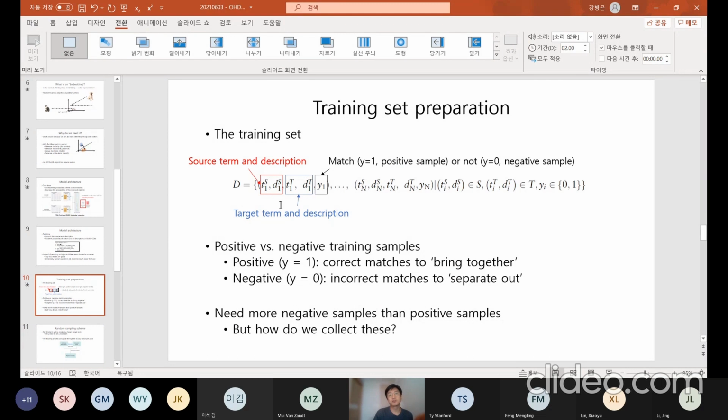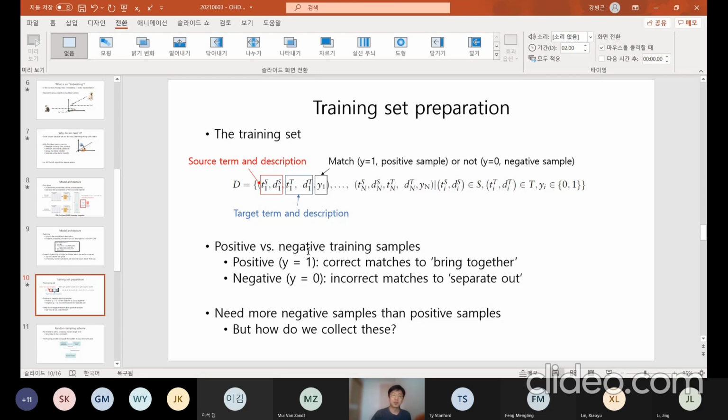A single instance of a training set is actually composed of 3 different components. The first one would be the source term and description pair. The second component is a target term and description pair. And finally, the last component is the label itself. It's a binary label indicating whether these two should be a correct match or not.